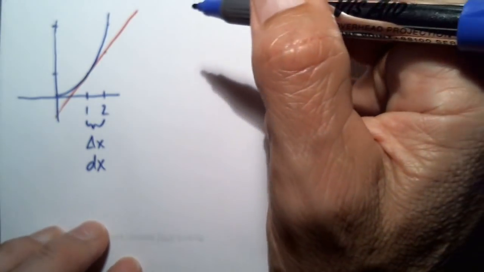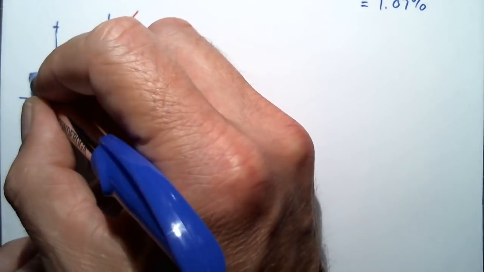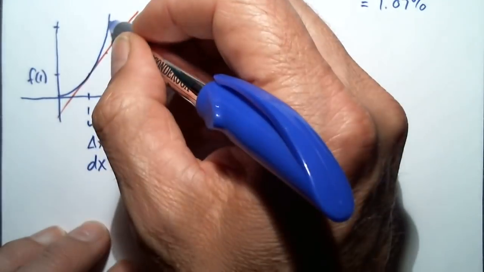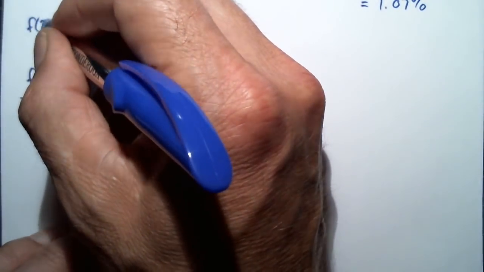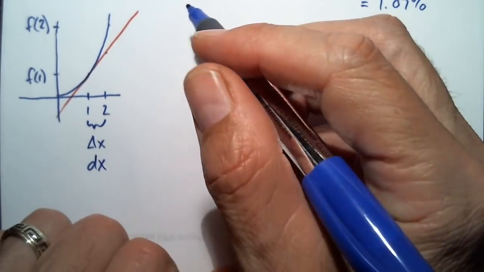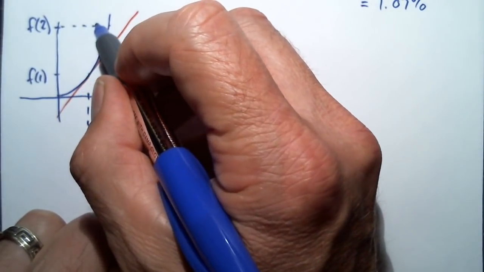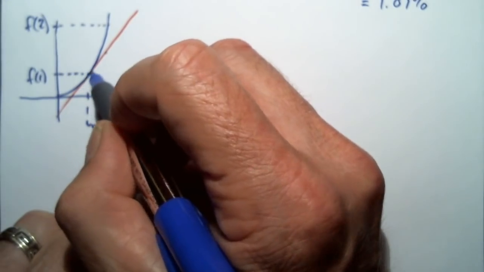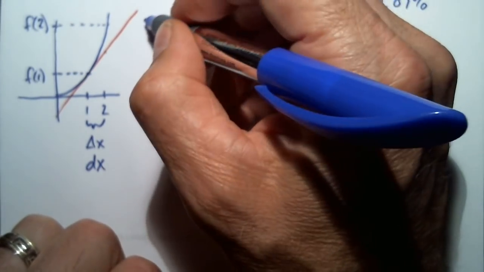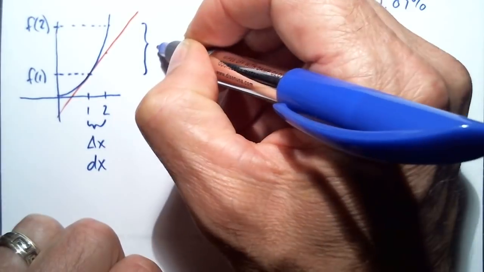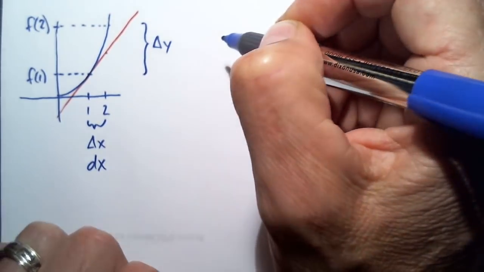So let's call this f of 1, and this is f of 2. So that is the change in y, delta y.